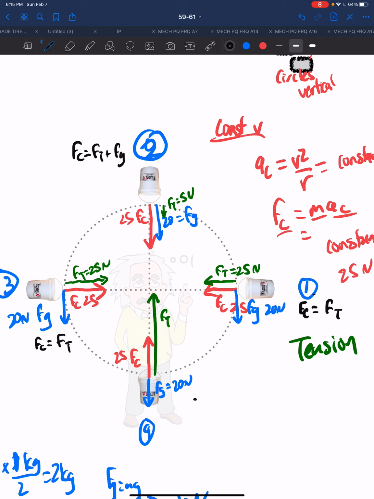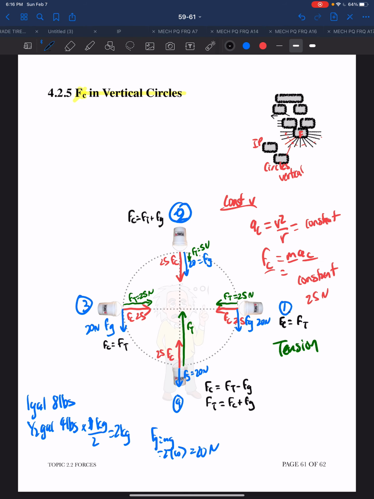And at location 4, we have Fc equals Ft minus Fg. Or in other words, the force of tension is equal to the centripetal force plus the force of gravity, or 45 newtons. And that is how we can apply forces in a centripetal situation with a vertical circle.